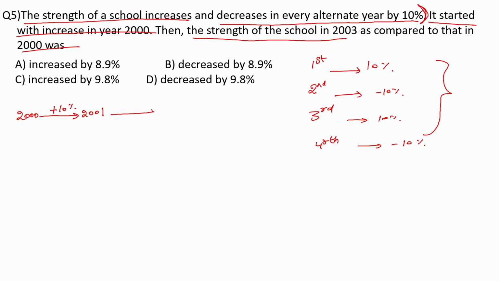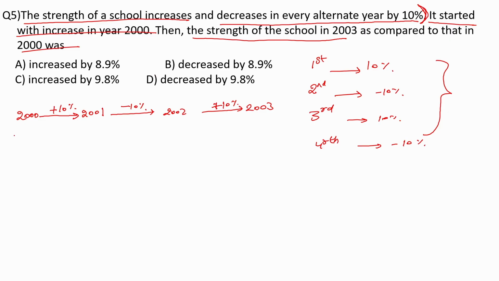And later from 2001 to 2002, the strength depreciates by 10%. And from 2002 to 2003, the strength again would increase by 10%. And I was asked to find the percentage increase or decrease from the initial value, that is from 2000 to 2003.